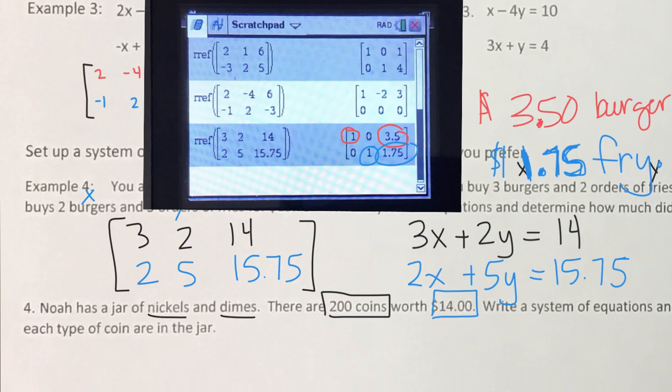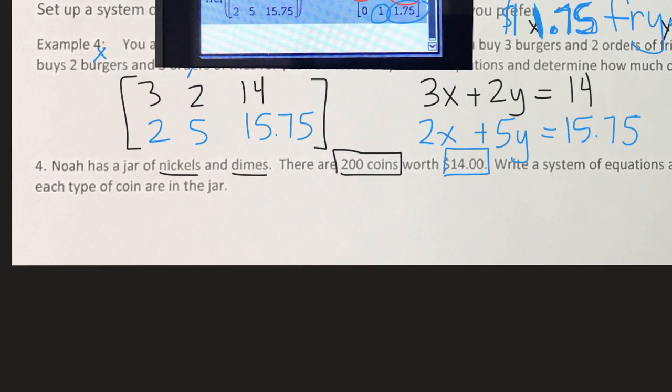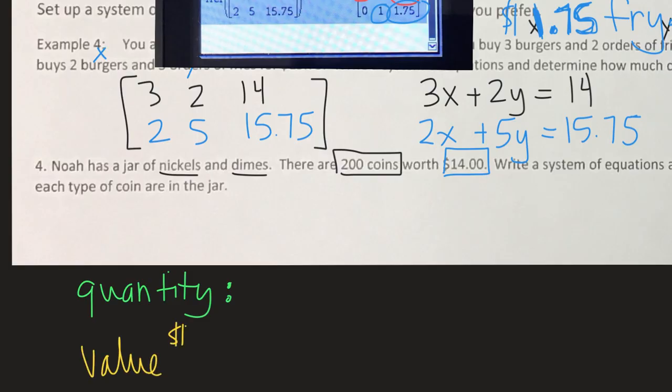So there's 2 types of situations going on here. One is the quantity. How many of each coin do we have? So we're going to write a quantity equation. And the next one is about value. What are each of these parts of money worth? We have $14 of value in our coins.